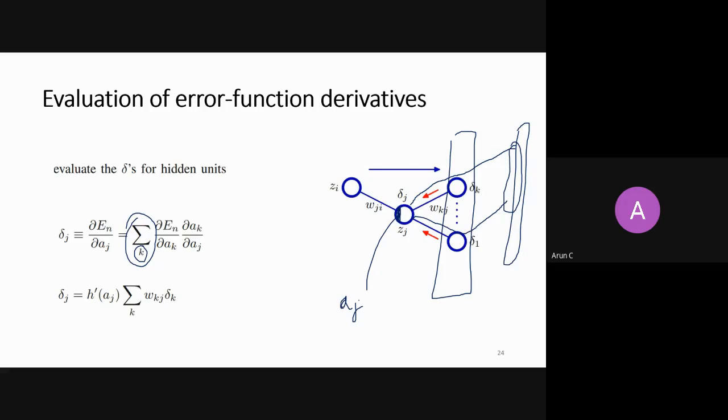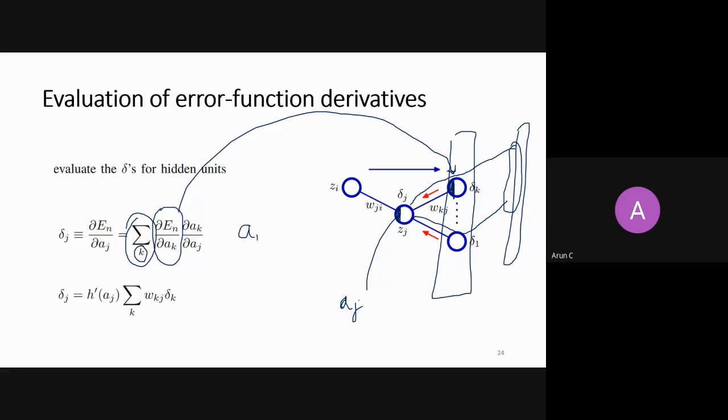towards the output layer. So now I will say that this is my delta k for each node, and then I take the derivative of ak with respect to aj, right? Now let's see how ak relates to aj.